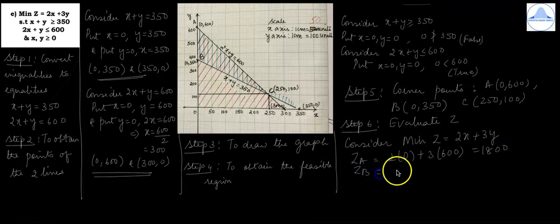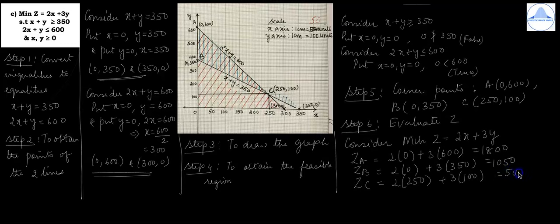Then ZB is 2 into 0 plus 3 into 350, which is 1050. And ZC is 2 into 250 plus 3 into 100. So this is 500 plus 300. It is equal to 800. Now because it is a minimization problem, find out the least value here. So the least value is 800.